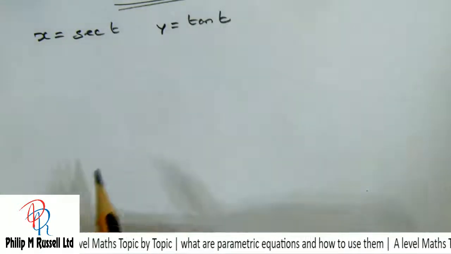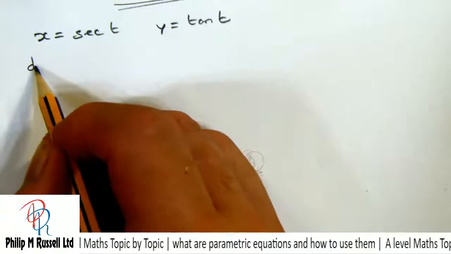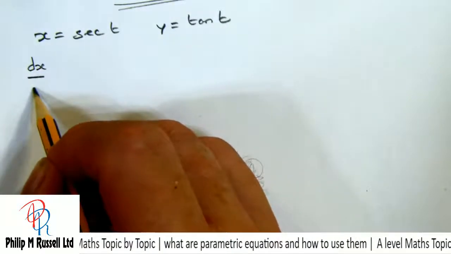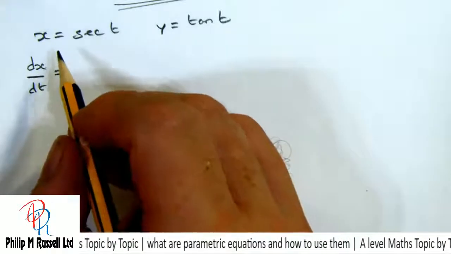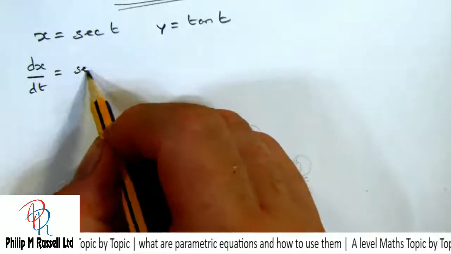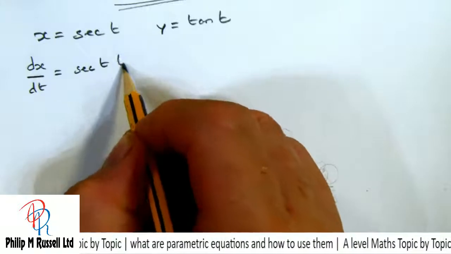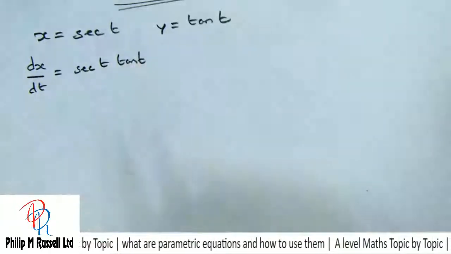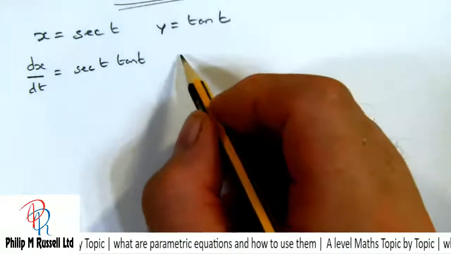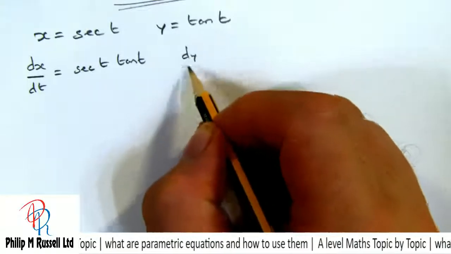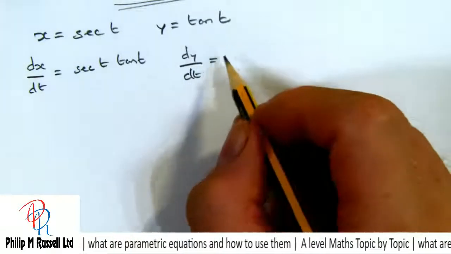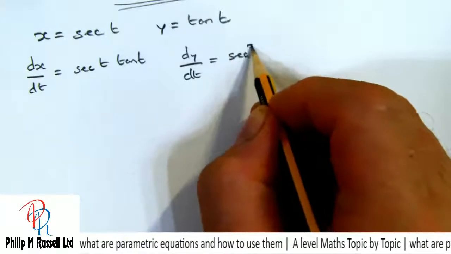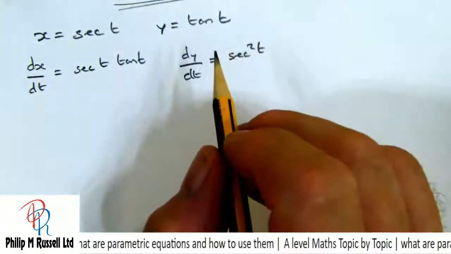So let's differentiate this. So dx by dt, the differential of sec, is going to be sec t tan t. The differential dy by dt of this is going to be sec squared t.